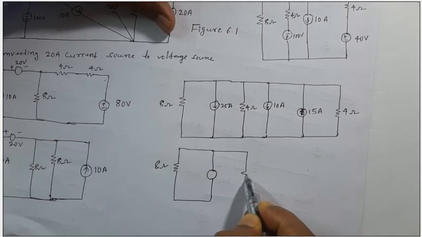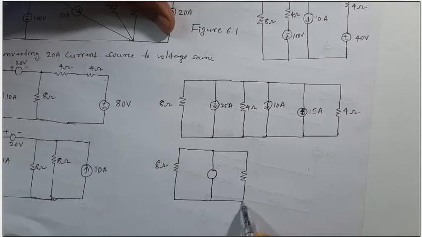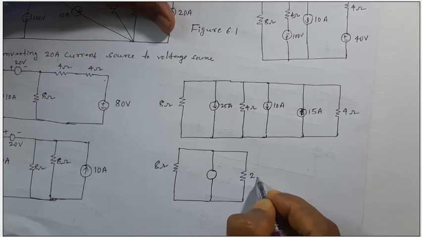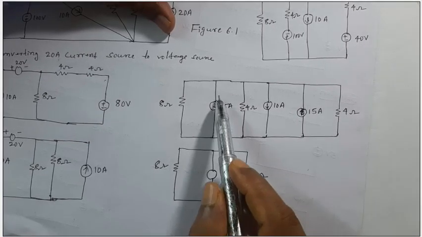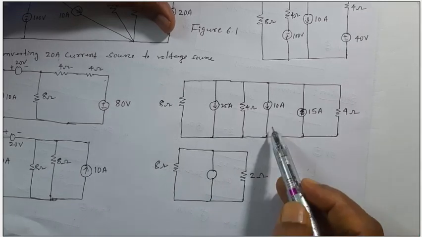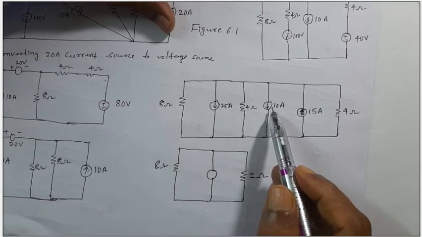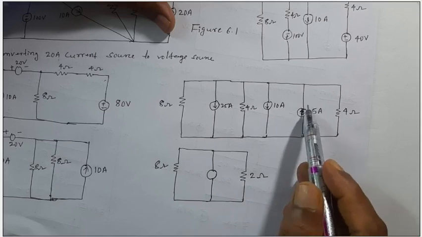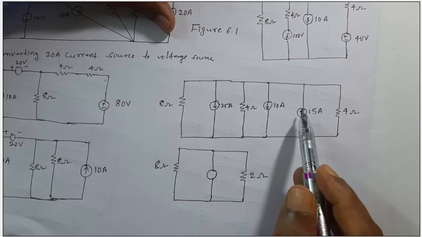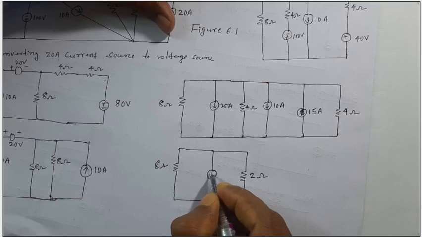Because of that, the equivalent resistance will be 2 ohm. Now 25 in the downward direction, 10 in the downward direction, 25 plus 10 is 35, and minus 15 upward direction, 35 minus 15 is 20 ampere in the downward direction.